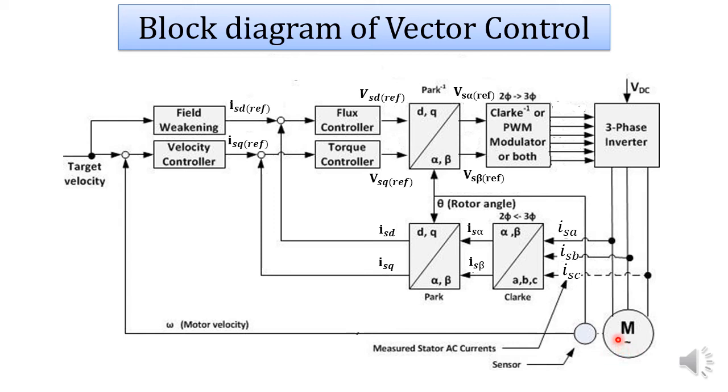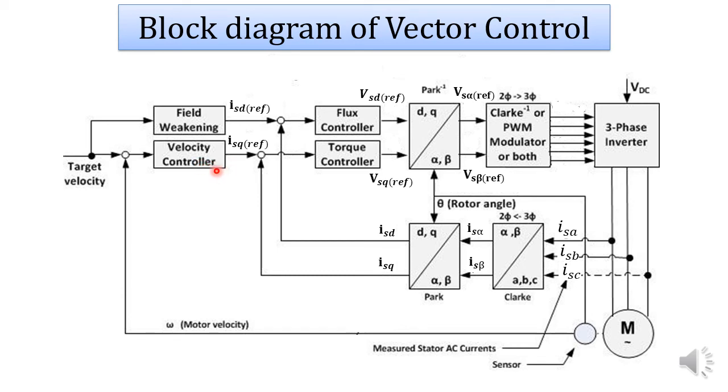Here, the speed of this motor is sensed using a sensor, and that speed or motor velocity omega is fed back to this point. Here, the target velocity or reference speed is compared with the actual speed, and the speed error is given to the velocity controller or speed controller.